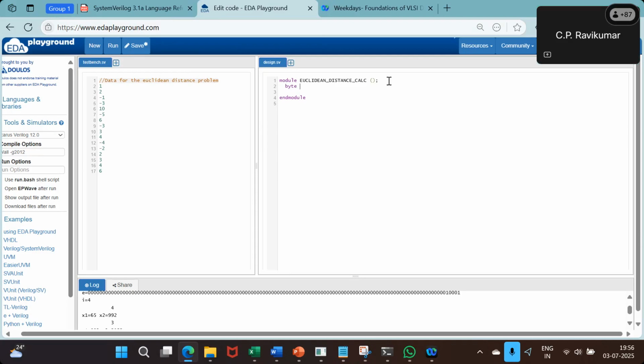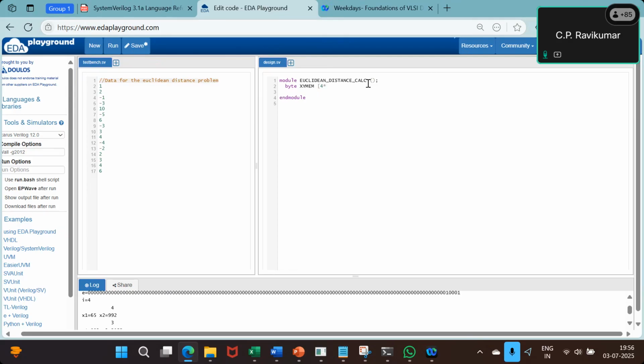Let us say X memory, or we put both XY memory. And each point takes four locations, so 4 times number of points.